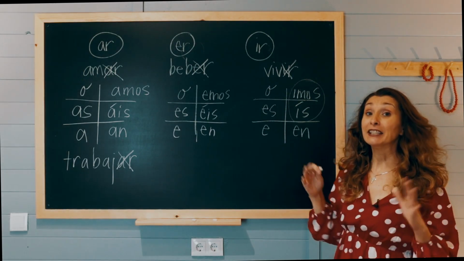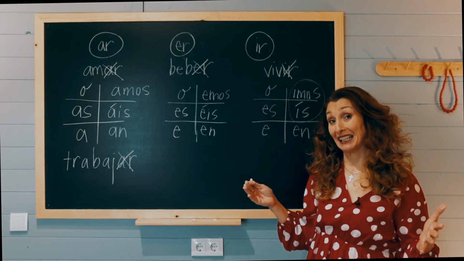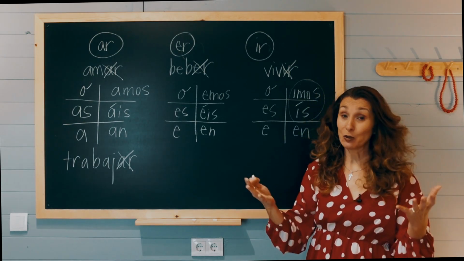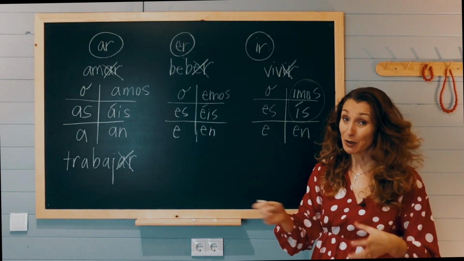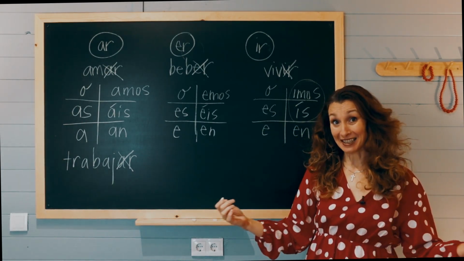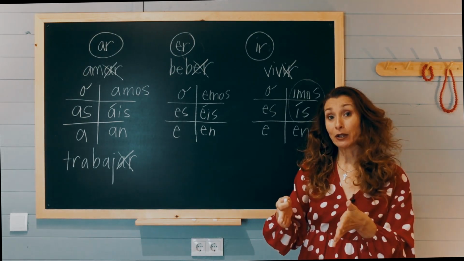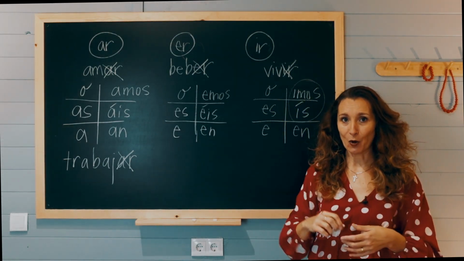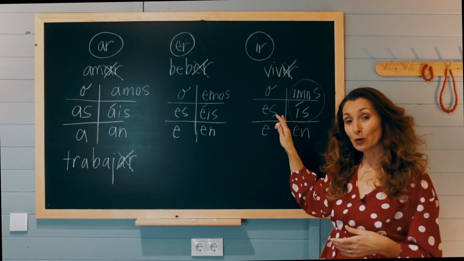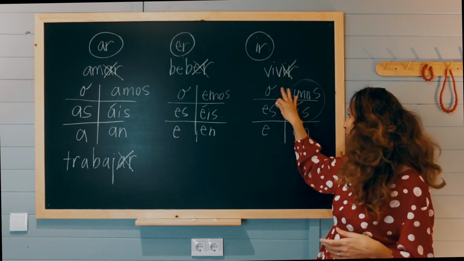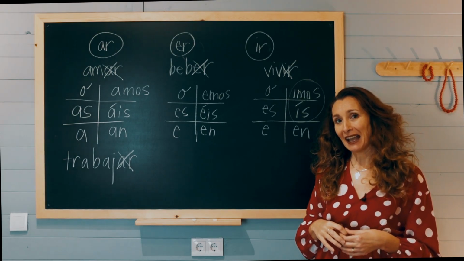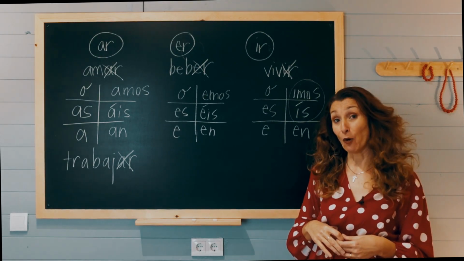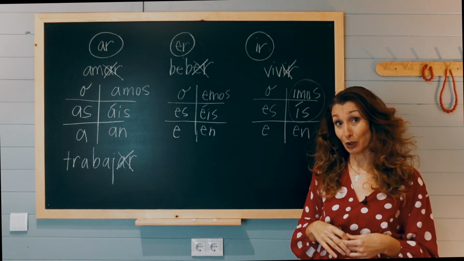Okay? Again, the only way to learn this properly and really not have to think about it when you speak, because when you speak, you're not just saying one word. When you speak, you have to speak in sentences, and you don't want to come to the point where you need to insert a verb and then have to go through this grid in your head, okay? So you need to sort of train your brain to learn this grid, and then it will be so much easier to pick the right form when you need to use it, okay?